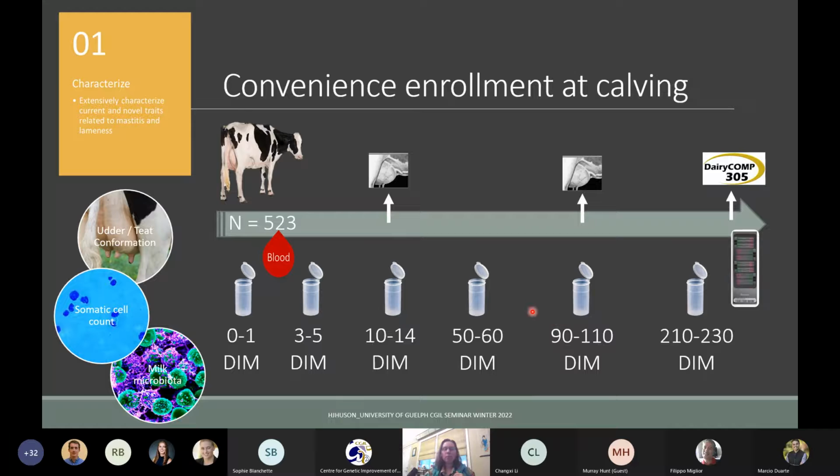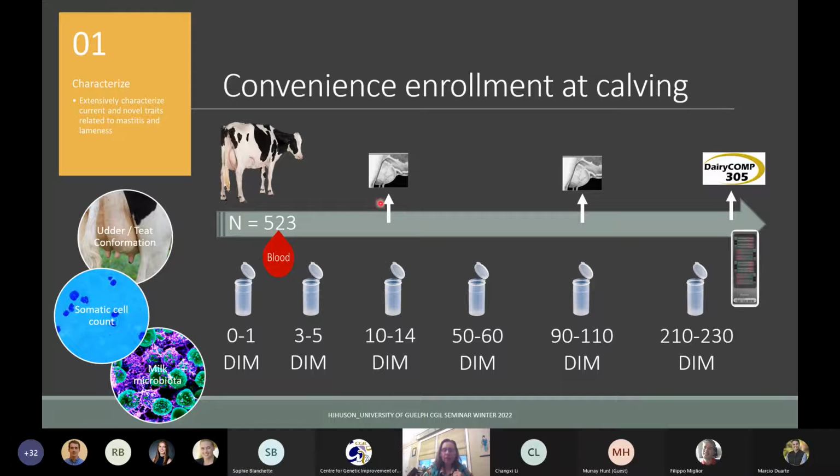So for those time points, we worked with a commercial farm. We enrolled 523 cows. We followed them across lactation. At all of those time points, we collected milk samples. Upon enrollment, within those first 2 collections, we collected blood samples.